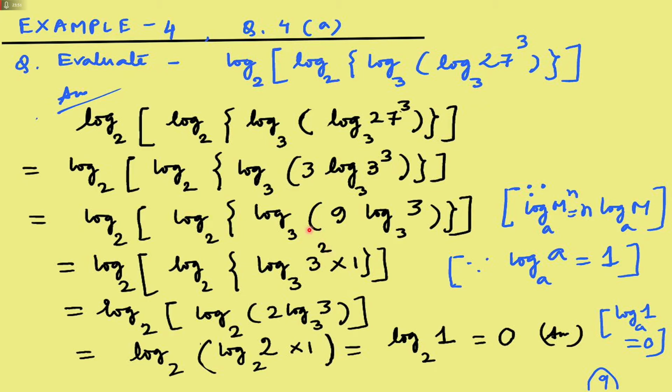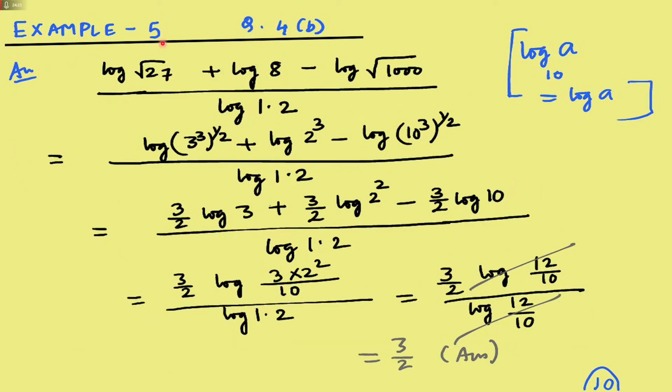So this 2 will come forward, and you will have 2 log 3 base 3. Now this is also 1. So you have got log 2 base 2, and this log 2 base 2 is nothing but 1. So you finally have log 1 base 2, and log 1 base anything is always 0. So the full value of this expression is nothing but 0.